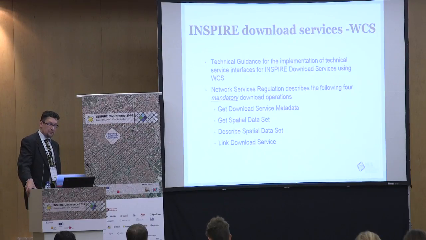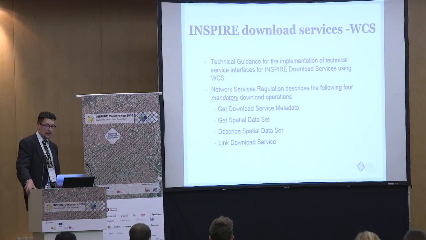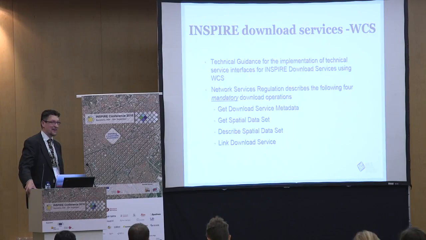So in terms of download services, the network services regulation describes 4 mandatory download operations, namely Get Download Service Metadata, Get Spatial Dataset, Describe Spatial Dataset, and Link Download Service. So we are first going through these 4 mandatory ones, and then we have this nice "where applicable" thing.